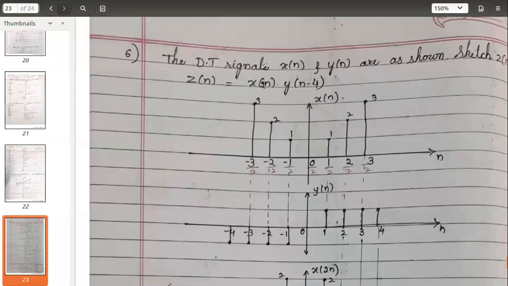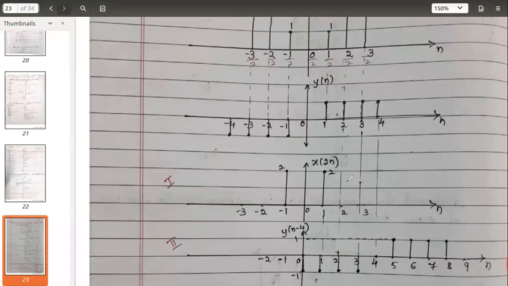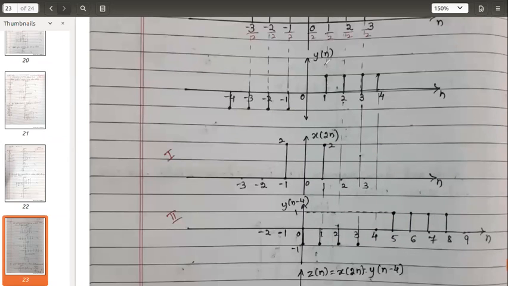We started with x of 2n, then y of n minus 4. X of 2n we did. We discarded many samples. Only these two samples will remain with 0 also in between. And then we went for shifting of y of n signal by 4 to the right side.